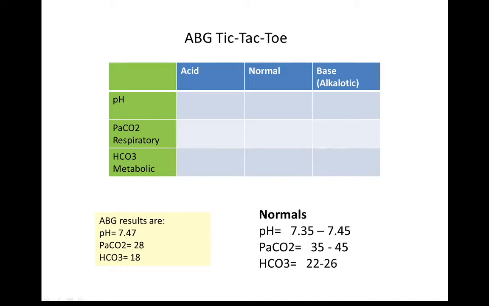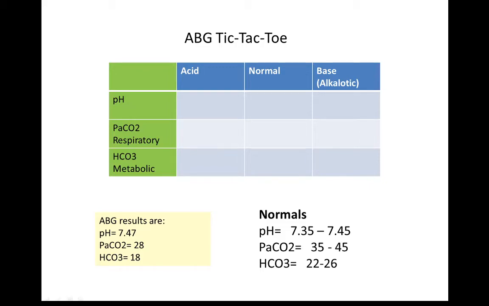Let's look at 28 in relationship to the normal. It is low normal. A PCO2 that is lower than normal actually falls on the alkalotic side. So we're going to write the CO2, 28, right here.